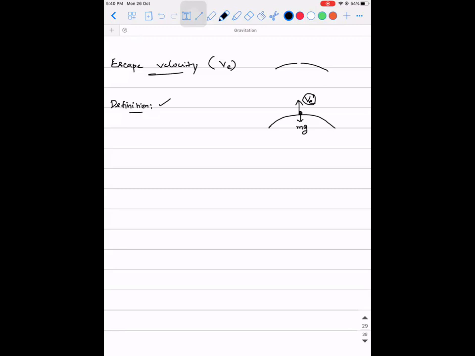To calculate it, it's a very, very simple technique. Observe. For calculating escape velocity, the theory is like this.